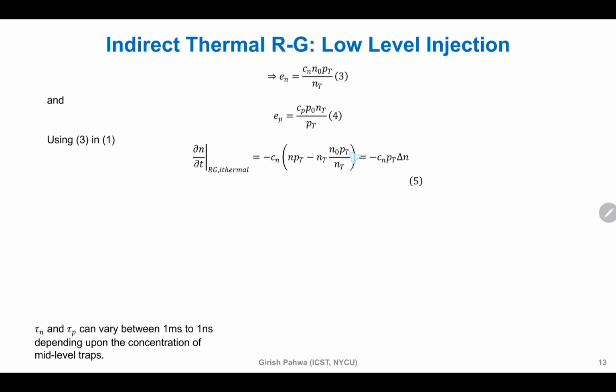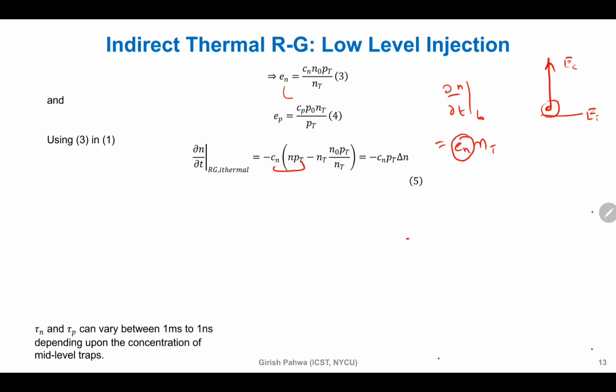The second term, which was En times, if you remember, was proportional to the number of filled states here, which is NT, because electron was going from the ET to the conduction band, and because there are so many empty states there, that became constant. So this was this, right?